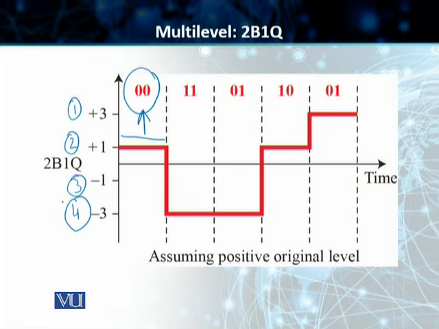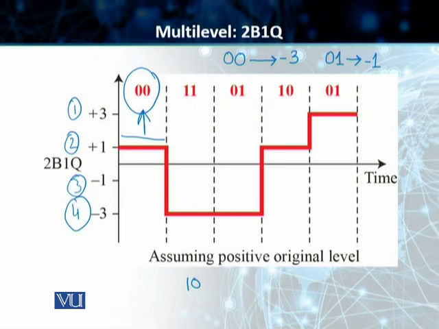Students, what's happening in this particular case is that for each of the 2 bits, or the signal element, we represent this using a rule which says that if we have a combination 0, 0, we are going to represent that by a voltage level which is -3. If we have a 0, 1, we are going to represent this by -1.